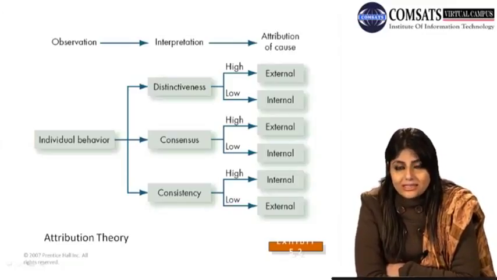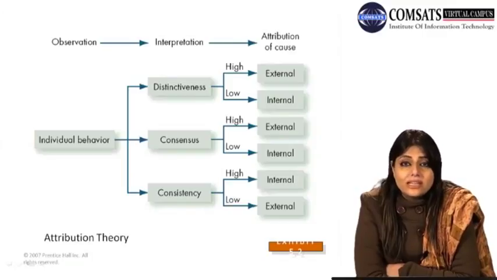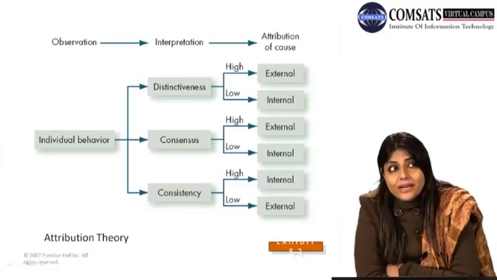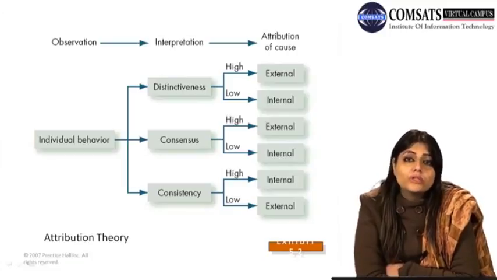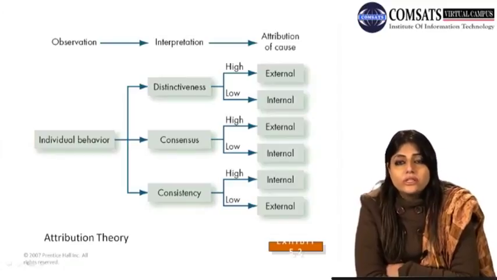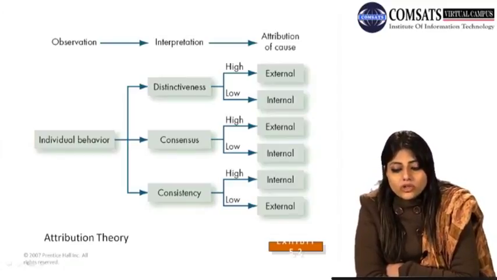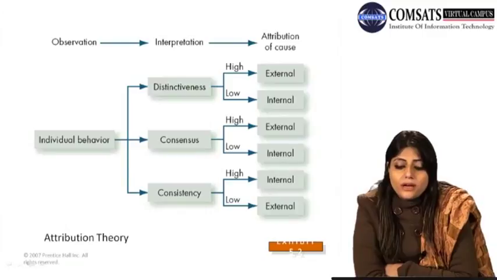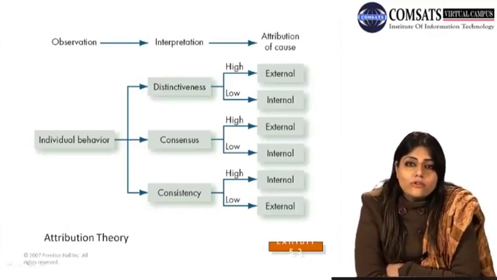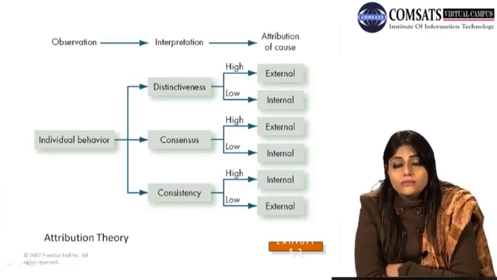But if that is not the case, right, that behavior is distinct, then you would say that it would really be a traffic jam, and it was beyond the control of this individual, and you would attribute that reason to the external factors, right? So if you perceive the behavior of the individual as distinct, then your attributions will be highly external, and they would be lower internal, or less internal, right?